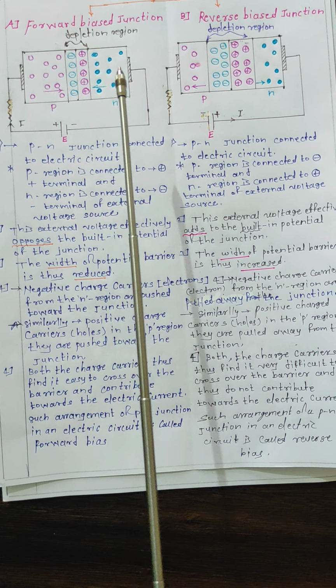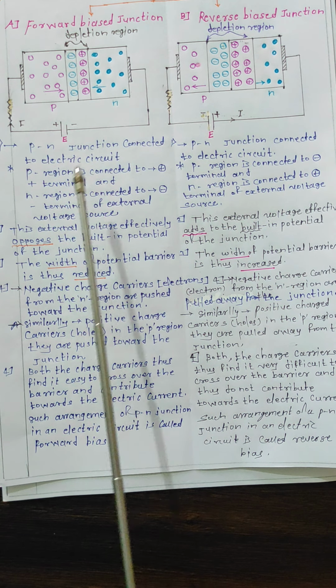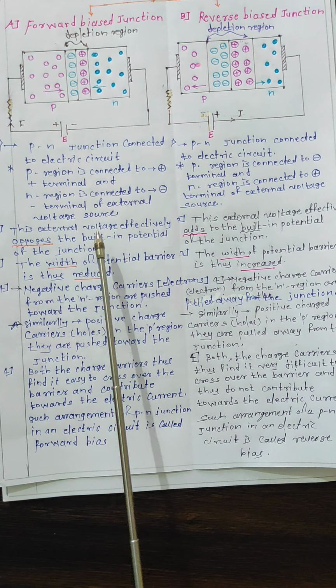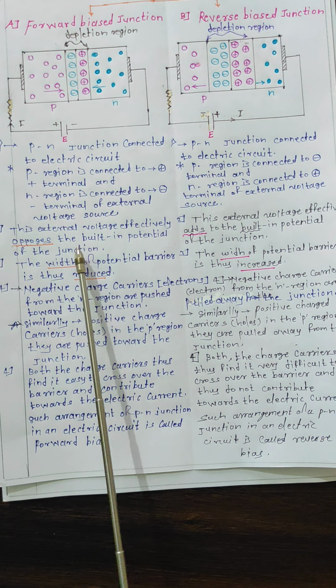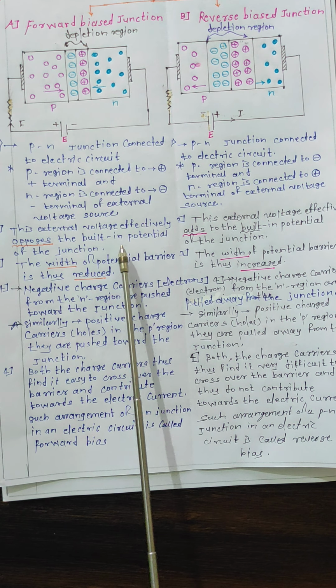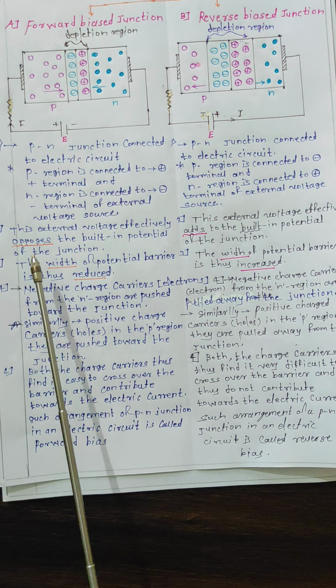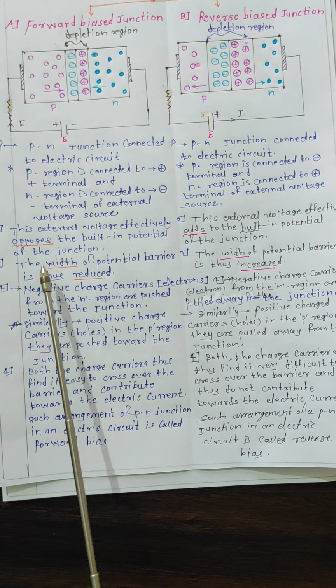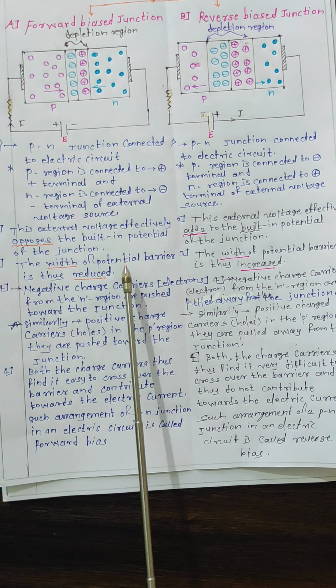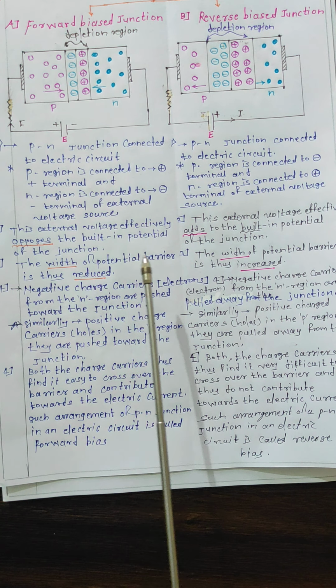So it is a forward bias. In this forward bias the external voltage effectively opposes the built-in potential of the junction, and then the width of the potential barrier is thus reduced.